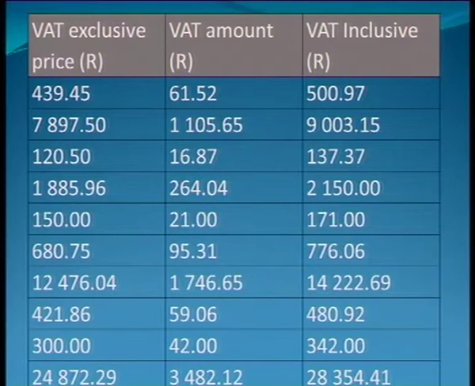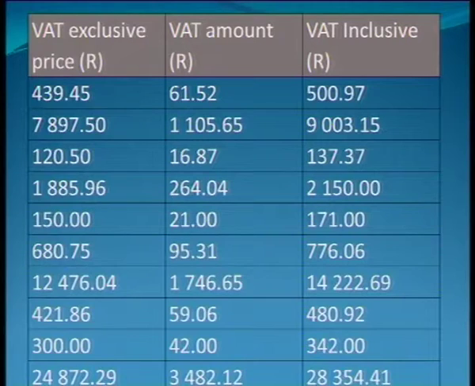Let's look at the first one. Your VAT exclusive price was $439.45. Your VAT amount was $61.52. How did they get the 61.52? They say the 14% VAT rate times your VAT exclusive amount, which means 14% times 439.45 will give you 61.52, which is the VAT amount.